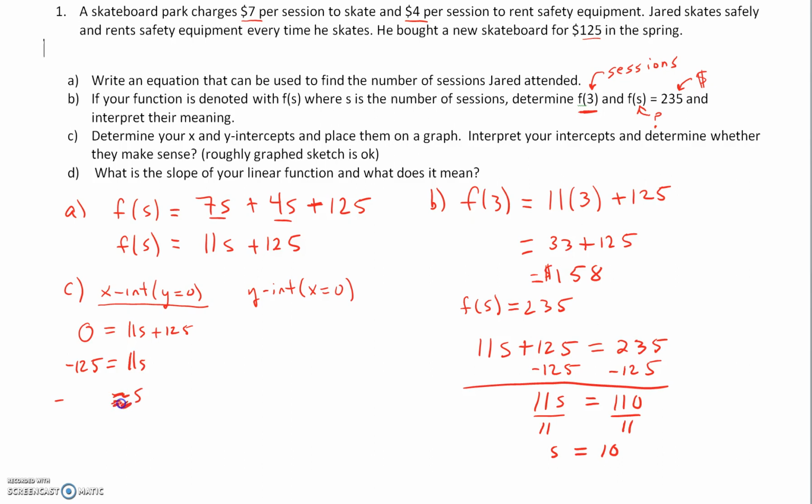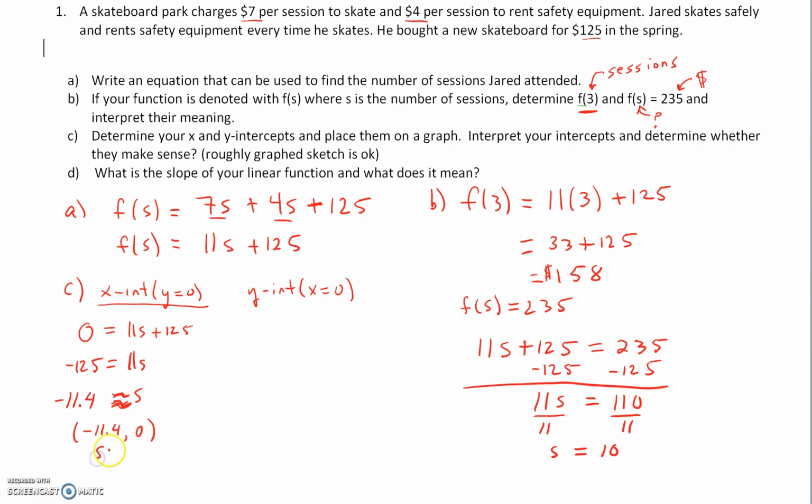That's the approximate symbol. Negative 11 point, we'll say 4. So it's going to be an x value of negative 11.4, comma, a y value of 0.